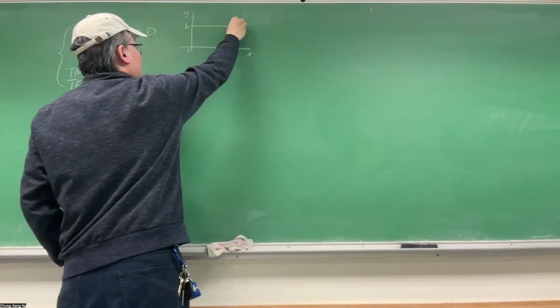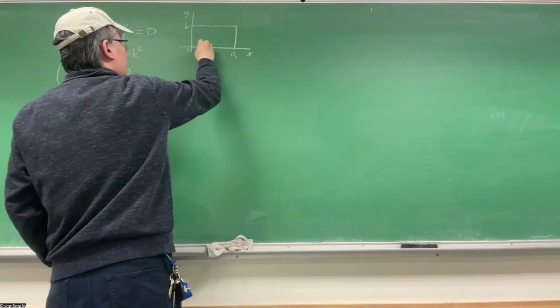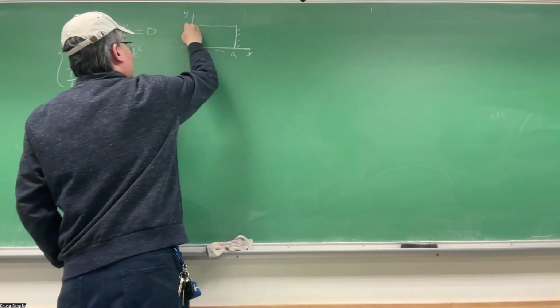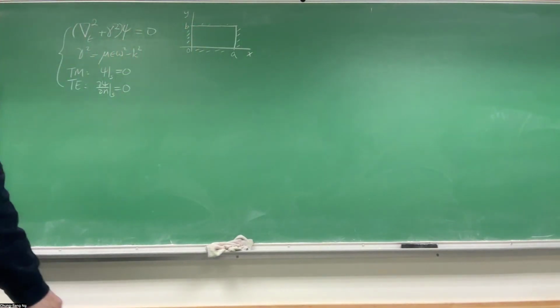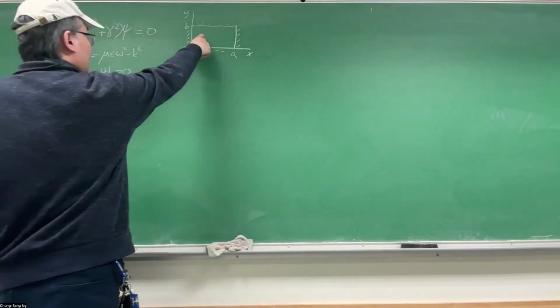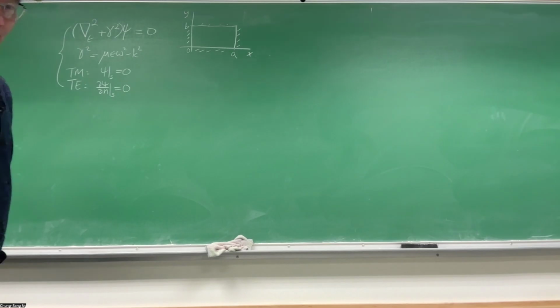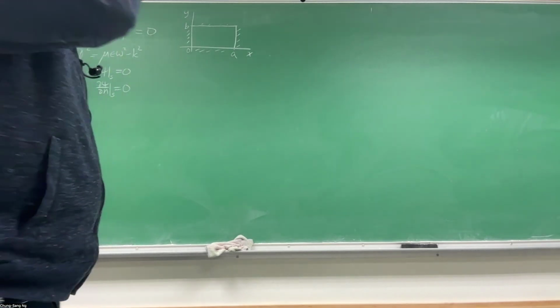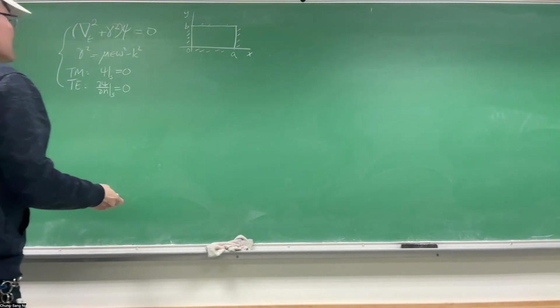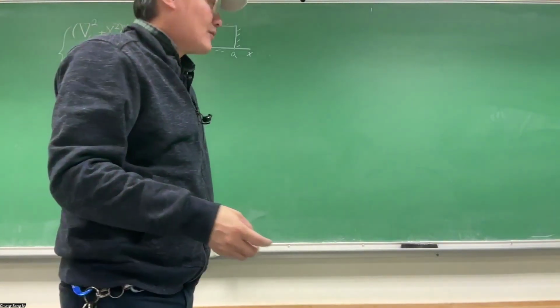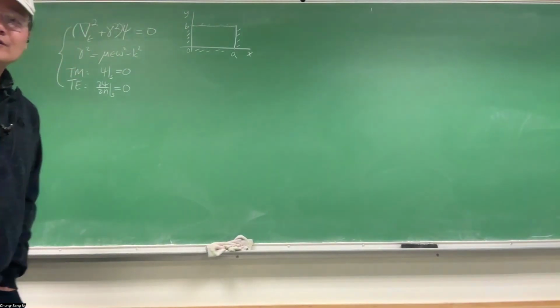So you have a rectangle, and assume a perfect conductor outside the boundary. So now we're solving for the wave mode inside. Okay, so that's the geometry of the problem, and the solution should be straightforward. We solved a similar thing for the Laplace equation already, right?